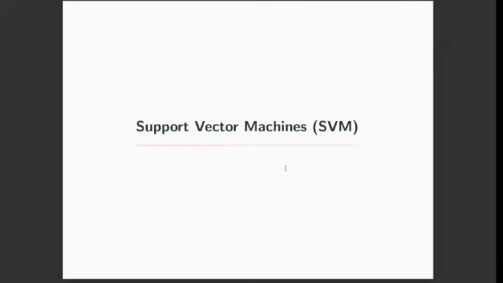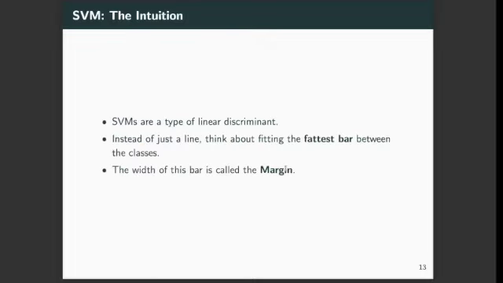So next we introduce the support vector machines, or SVM. Now let's look at the intuition behind the SVM. SVMs are a type of linear discriminant. Instead of using just a thin line, we imagine fitting the fattest bar possible between the classes, and the width of this bar is called the margin.